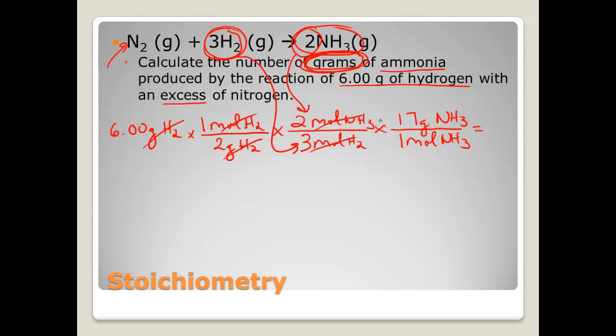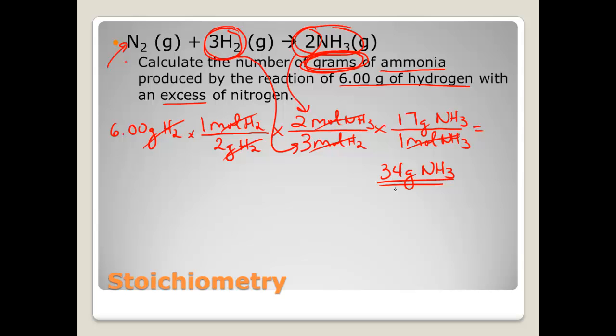So the moles of ammonia will cancel out. So it's 6 times 2 times 17 divided by 2 times 3 times 1. So if we do our math correctly, it appears that we would end up with 34 grams of ammonia.